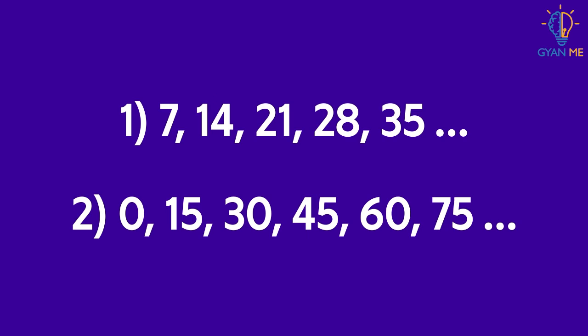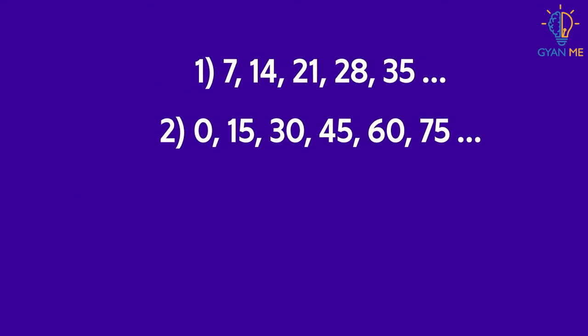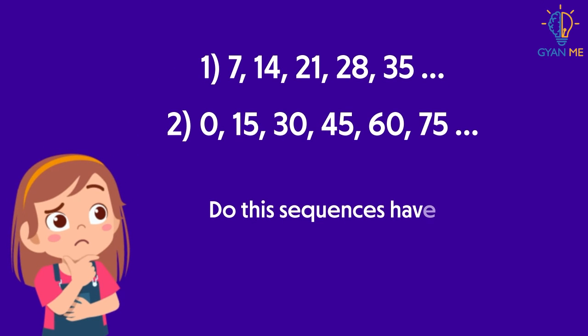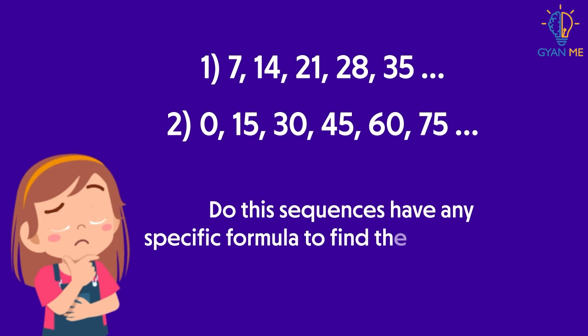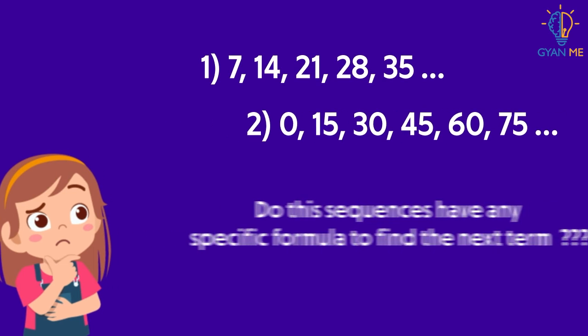Now students, again observe these sequences from our previous examples. Do these sequences have a specific formula to find the next term? Or from the previous term, can we predict the next term that should come in a sequence by some formula? Yes, you're right.